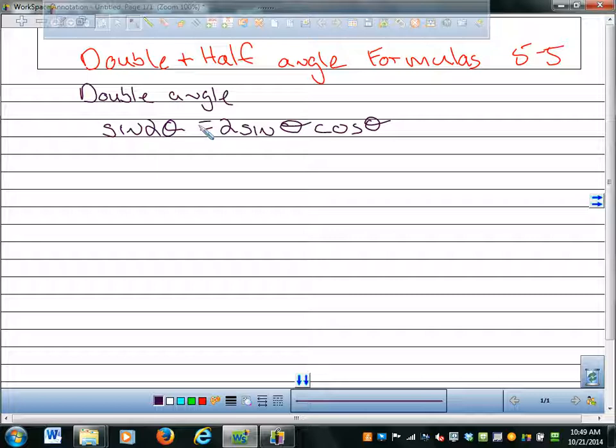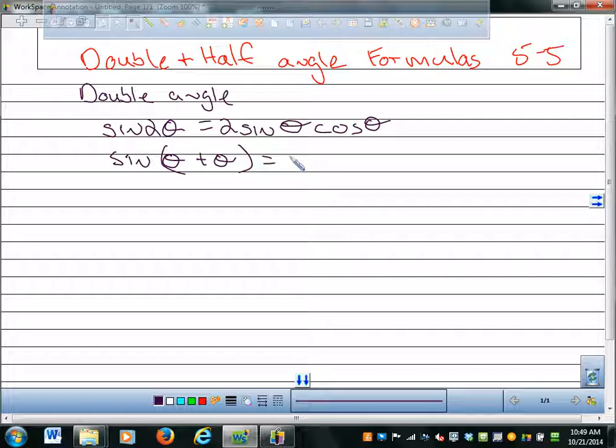Emily asked me yesterday where the angle addition formulas come from, and you have to use geometry and figure it out. These are very easy to derive, okay? So the way you would derive this is you would say the sine of 2 theta is equal to the sine of theta plus theta. You don't have to know this, but I'm just showing you, right?